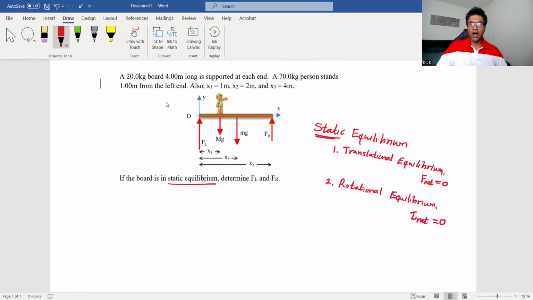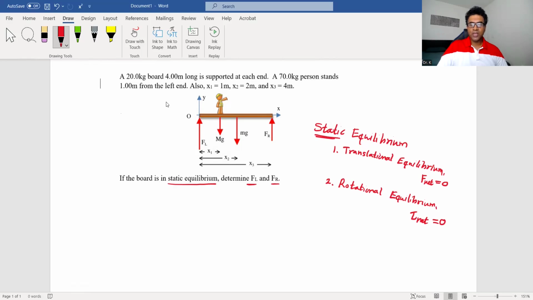You can see F of R. Those are the two forces that we need to find out. Then there's the weight of the person acting vertically down, big mg, and the weight of the board, which is acting through its center of mass, because it's a uniform board. So that's mg. Okay, so let's try to solve this problem.